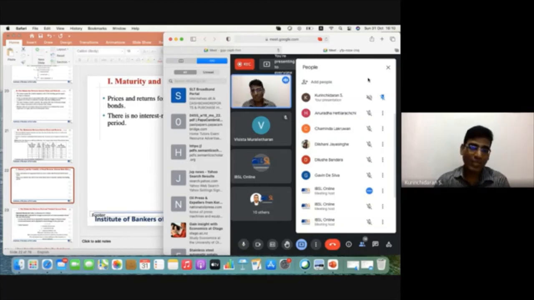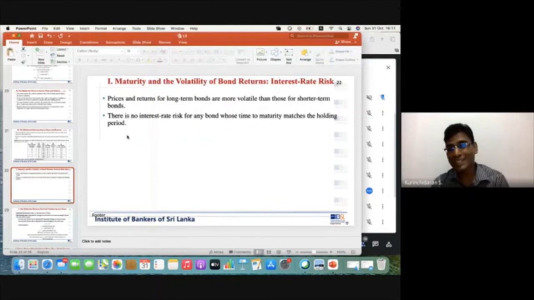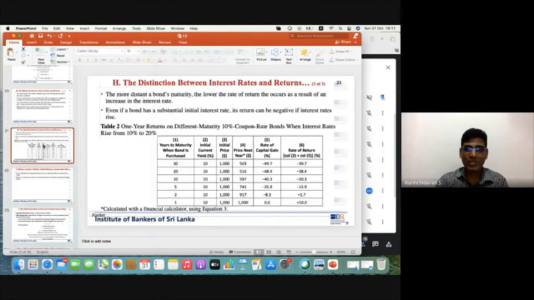Here you could see which risk I am talking about: interest rate risk, right? In the previous example, in this table 2, I explained what happens when the interest rate rises from 10% to 20%. This is the interest rate risk.